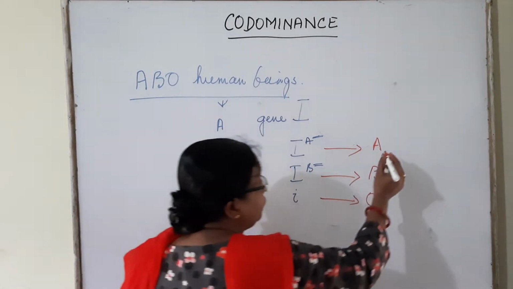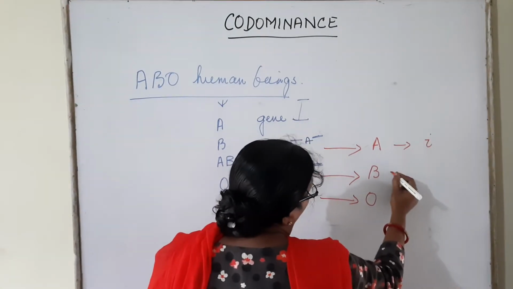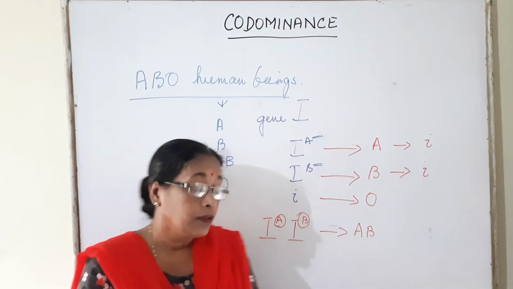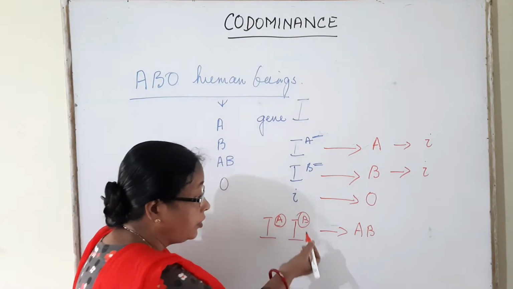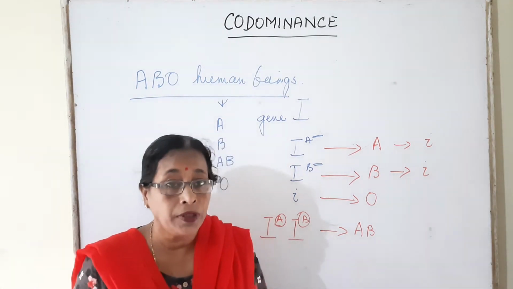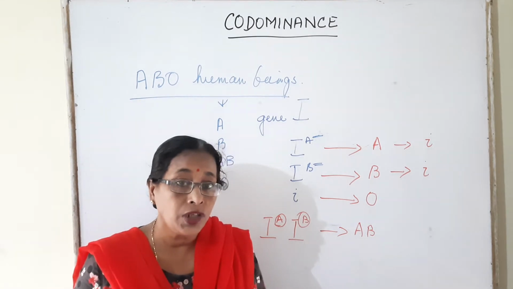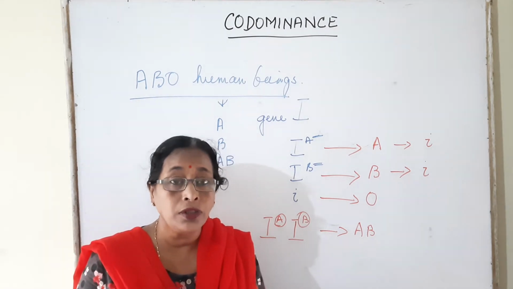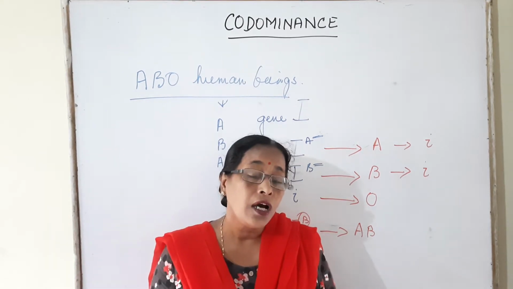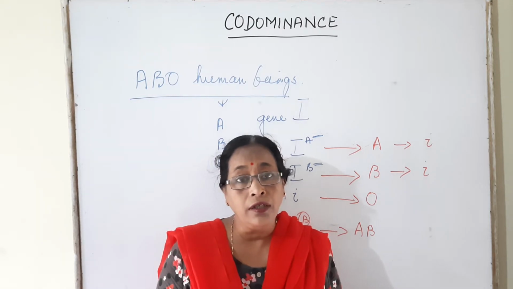IA is recessive to i, and IB is also recessive to i. IA and IB are codominant. That means that they show their presence simultaneously in the presence of each other and they are equally dominant over each other. Hence, the RBCs have 2 types of glycoproteins, A and B.